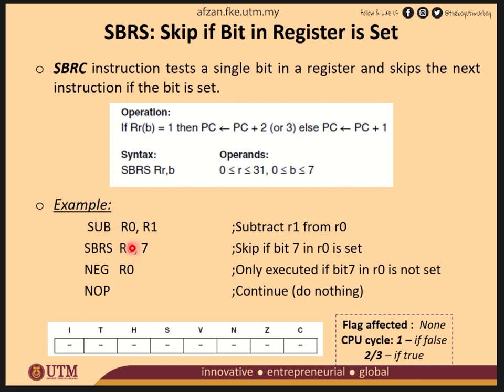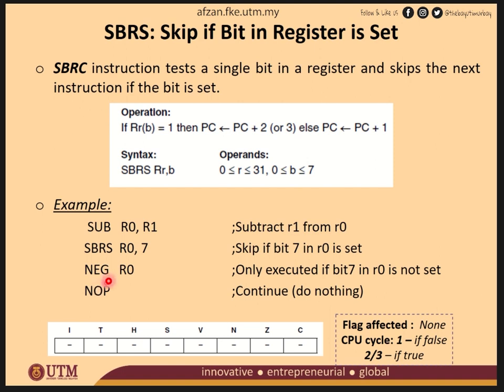Let's look at here. SUB R0, R1 and then SBRS R0, 7. First you subtract R0 and R1 and put the result in R0, and then SBRS R0, 7: you check bit number 7 of the result in R0. If bit 7 in R0 is 1, then you skip this instruction, you skip NEG R0, and you do the NOP.